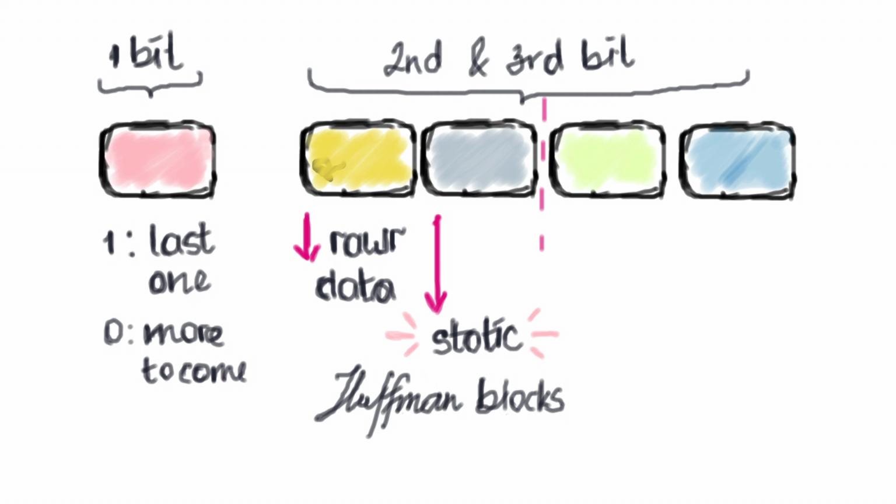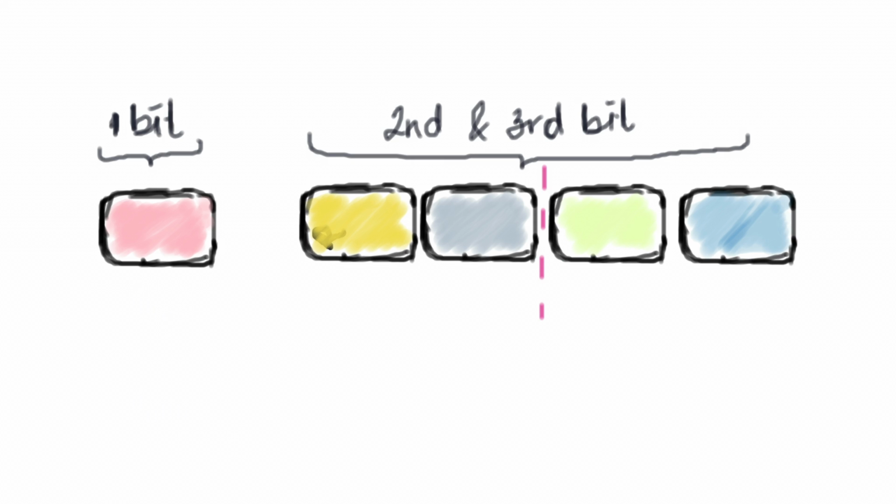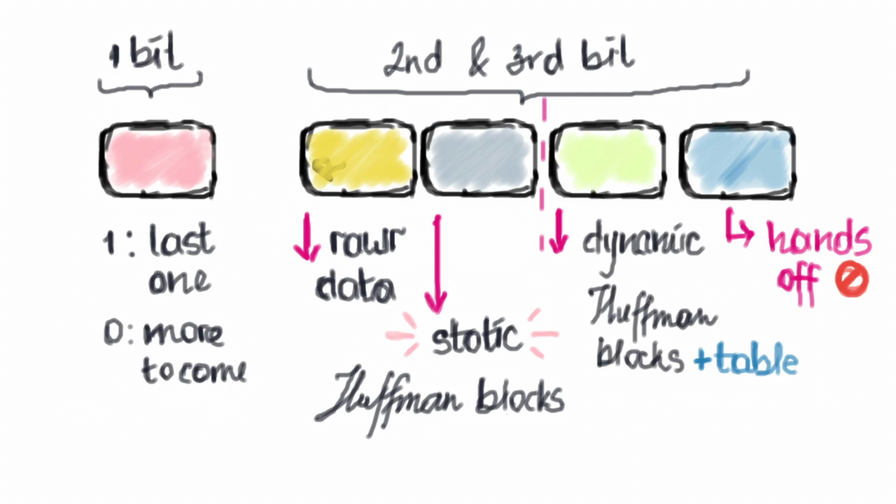And the rest of it is a little bit more dynamic, so it's the dynamic Huffman blocks and the table that references all the other ones to themselves. And there's a little bit that you don't touch. So that's what a single individual Deflate block looks like.